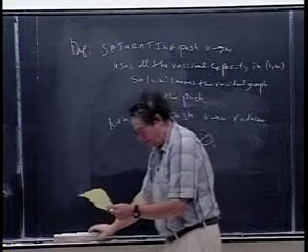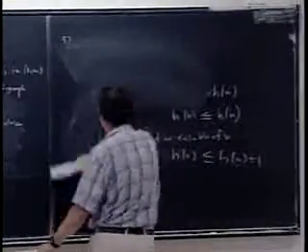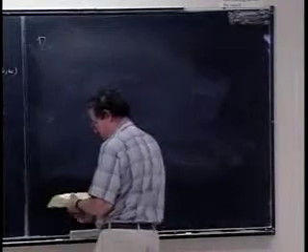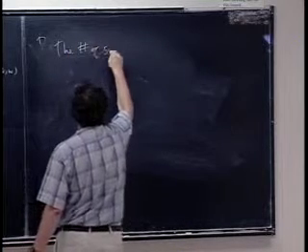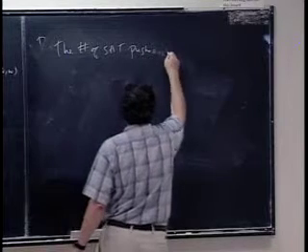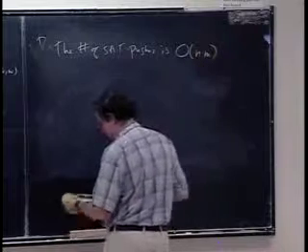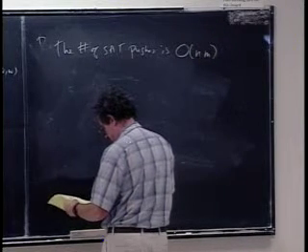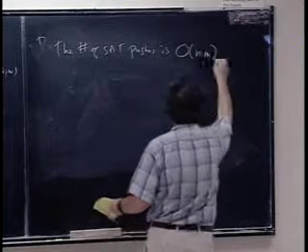How many saturating pushes can we have? The number of saturating pushes is bounded by Nm. So N is the number of... no, that's not right. Nm or Nm squared. We'll do the analysis here.